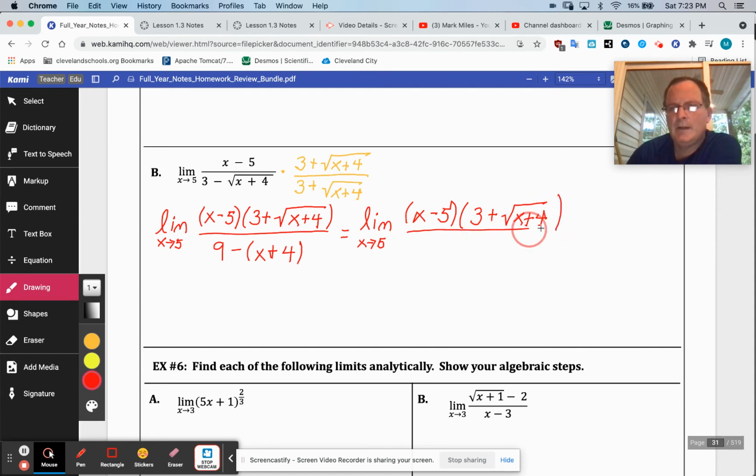And then denominator now is weird. You're like, no, it's not exactly right. So it's going to be 9 minus x minus 4. Well, 9 minus 4 is 5. I got 5 minus x.